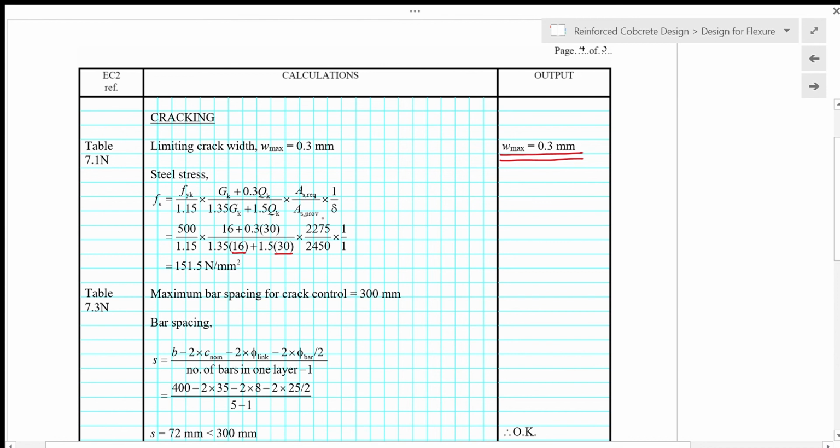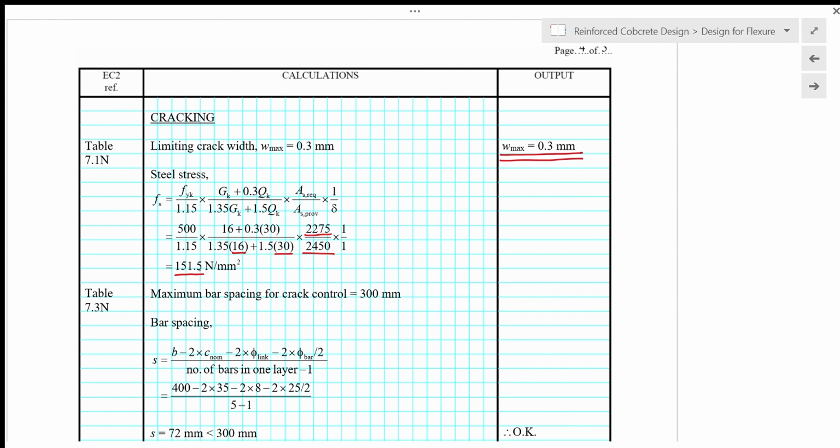And then we have AS required of 2275 square millimeter and AS provided of 2450 square millimeter. So that gives us the steel stress of 151.5 Newton per square millimeter.